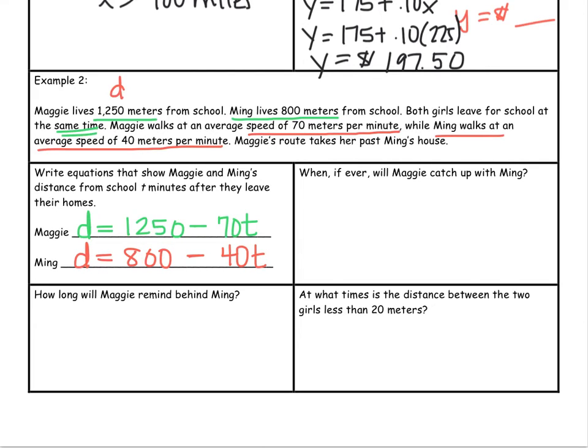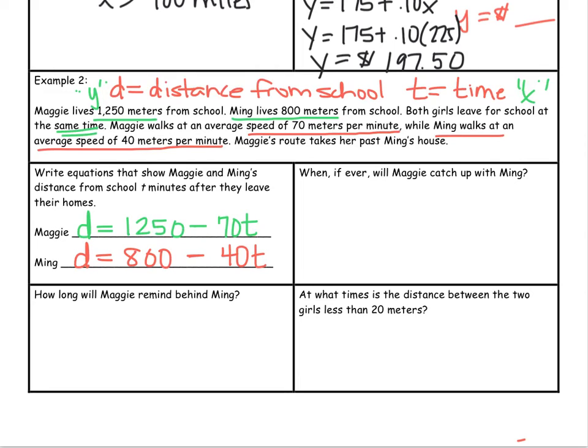So when we define our variables, d is the distance from school, and you can call that y if you want to, and t is the time in minutes. And so this is really our y, and this is really our x value.